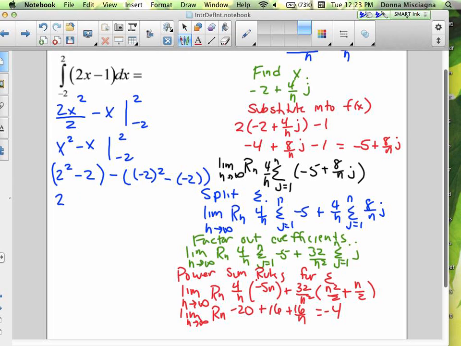Minus, and we'll calculate that out and then simplify. Negative 2 squared is 4 plus 2, which is 6. So 2 minus 6, which is indeed negative 4.